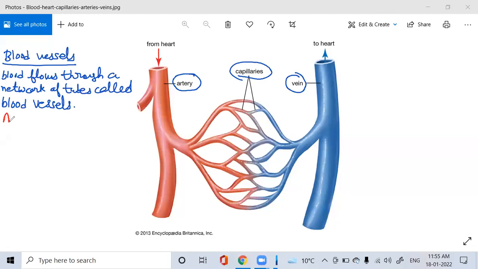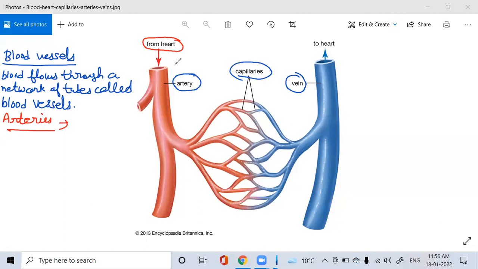First is arteries. Dear kids, you can see I have mentioned here "from heart". What is the meaning of this?